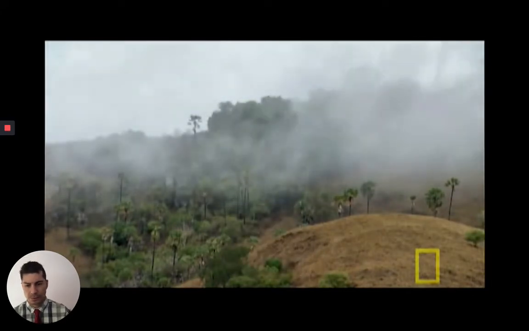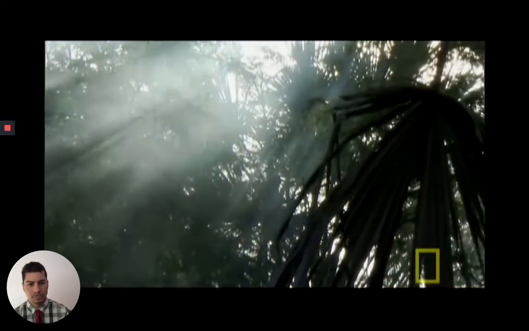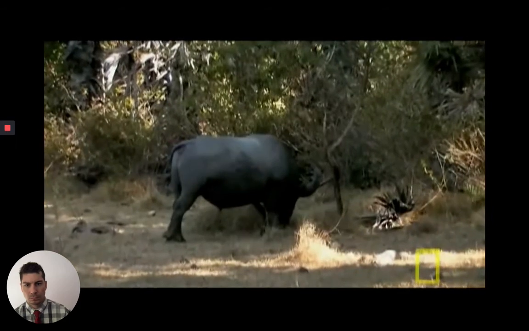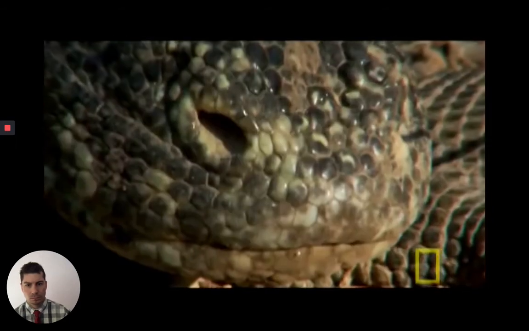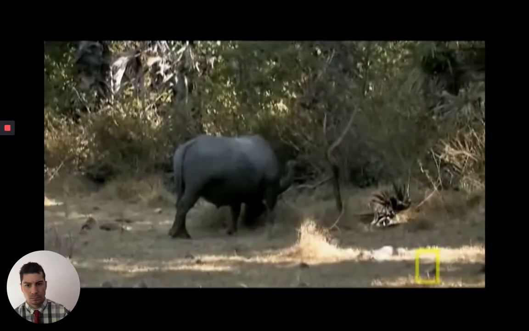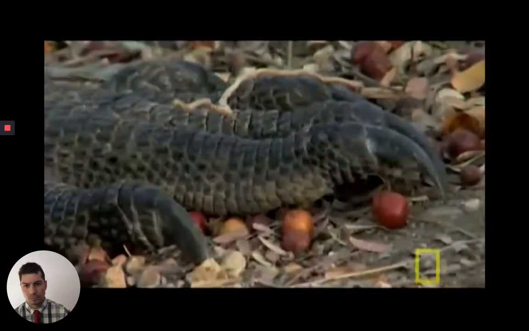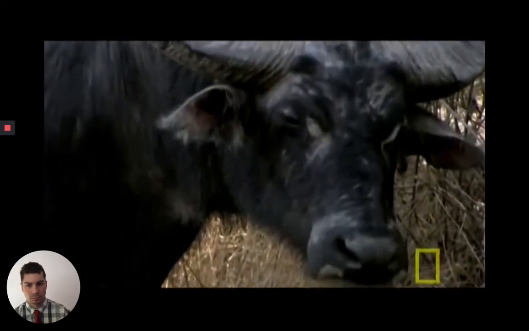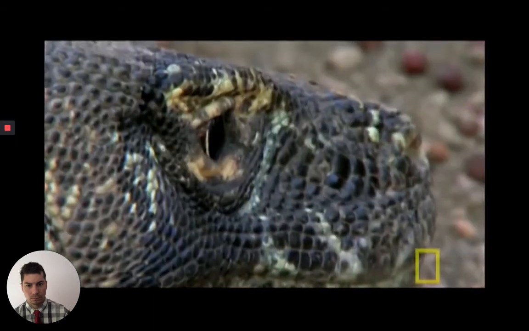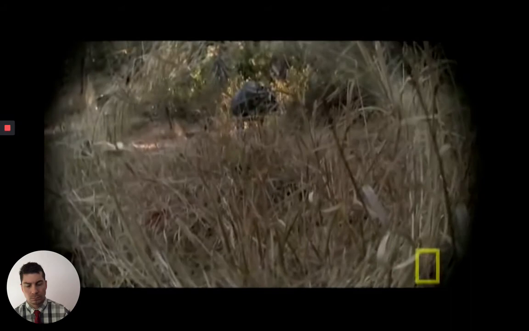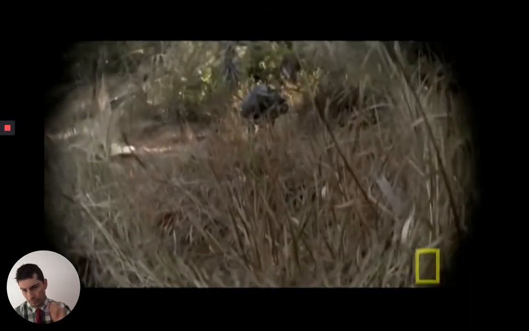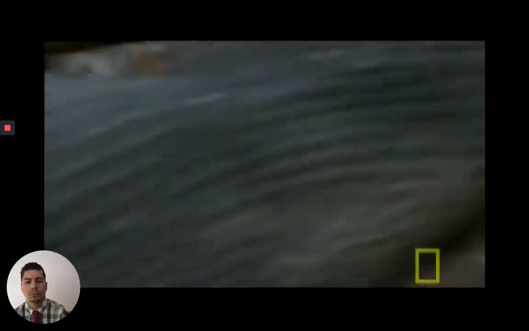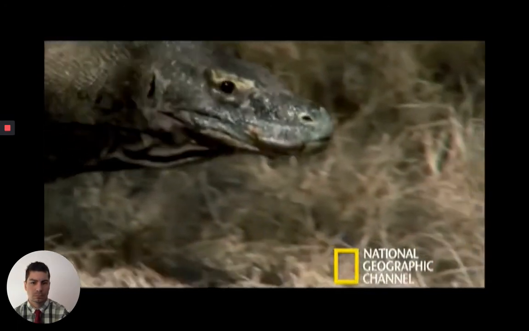There's a remote part of Asia where prehistoric monsters still rule. These ferocious predators are so powerful they kill creatures 10 times their size. Maybe the buffalo senses it's being watched. The real-life monster makes its move.